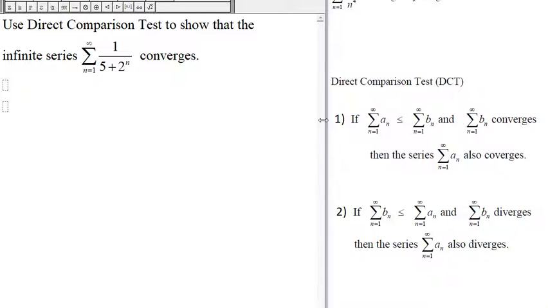And so we will call this right here A sub n, and we need to come up with a B sub n, and then show that B sub n converges. And that's how we will show that the series 1 divided by 5 plus 2 to the n converges.